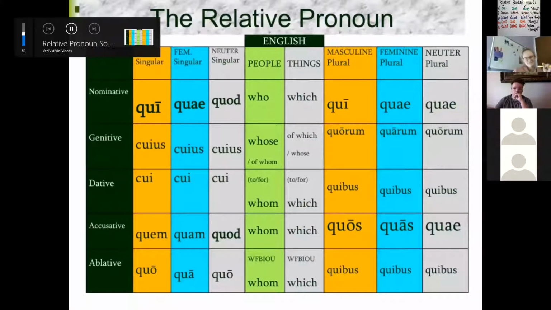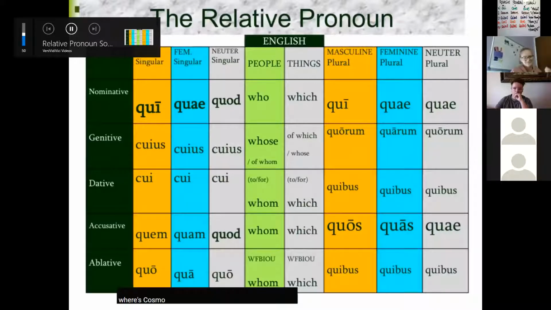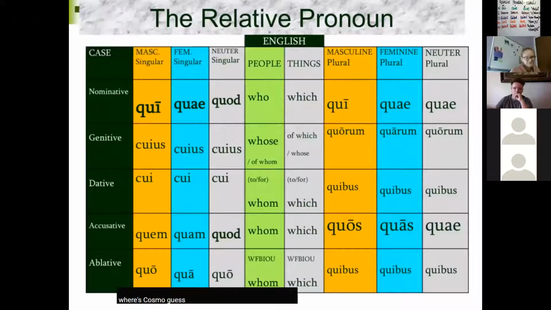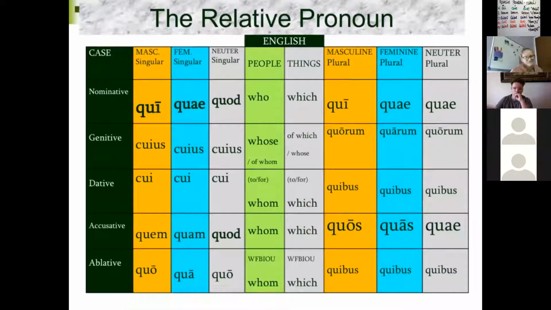Quick quack quote, yes, yes, yes. Quick quack quack, quam, quam, quote. Quote, quote, quote. That's a relative pronoun in singular. Now get ready for the plural.